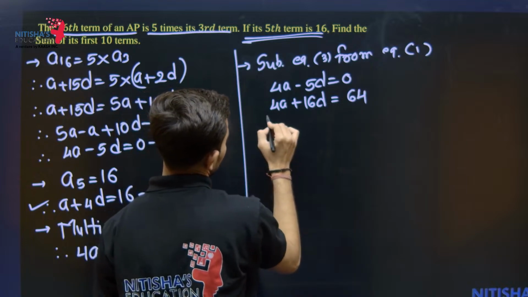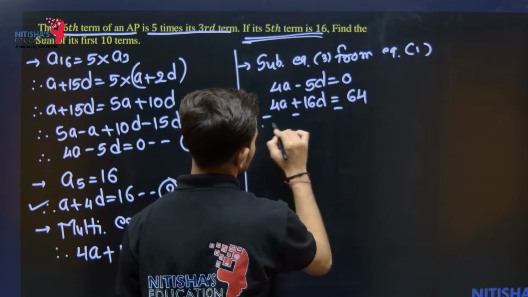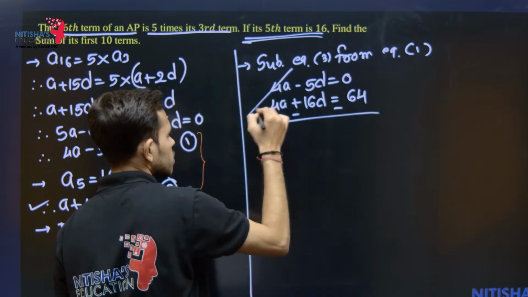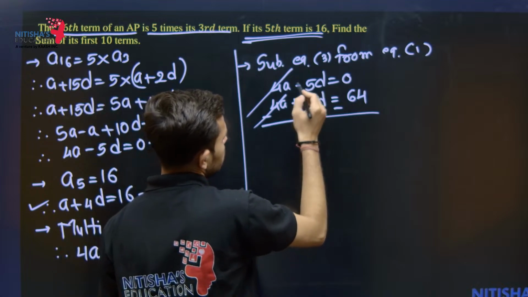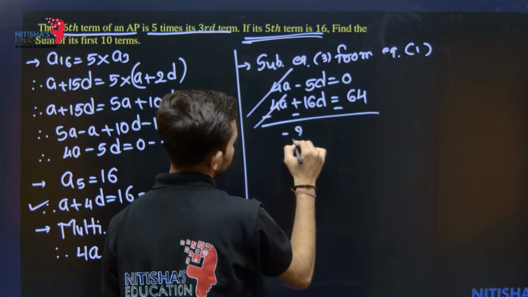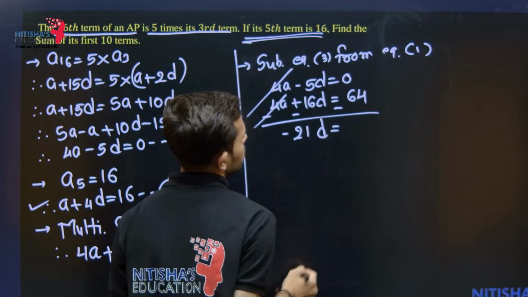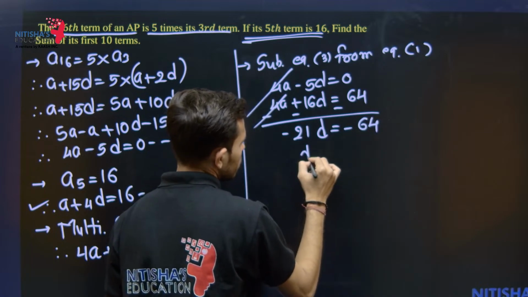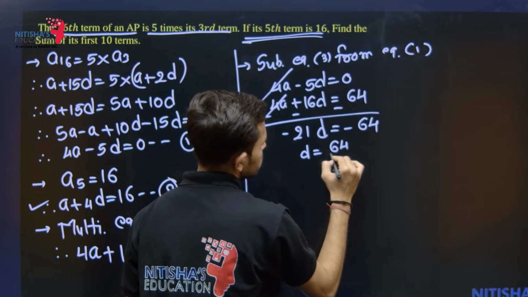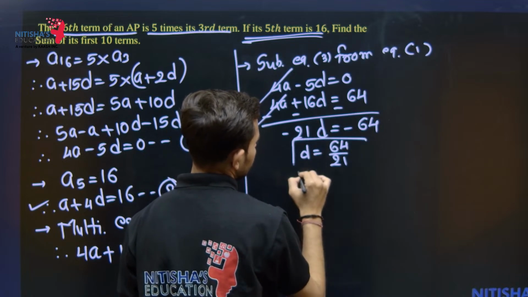Let's subtract: minus, minus, minus. The 4a and minus 4a will be cancelled out. Here 16 plus 5, it's minus 21d, and it's minus 64. So d is equal to 64 upon 21.